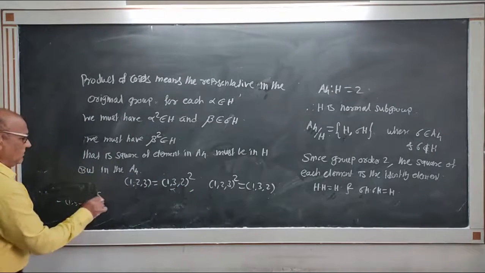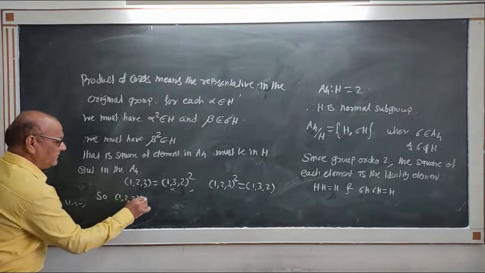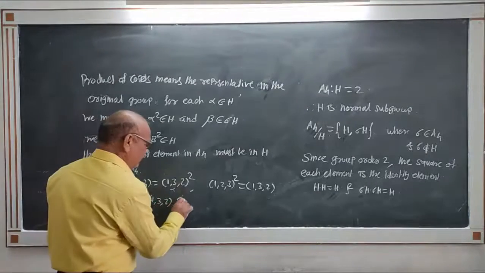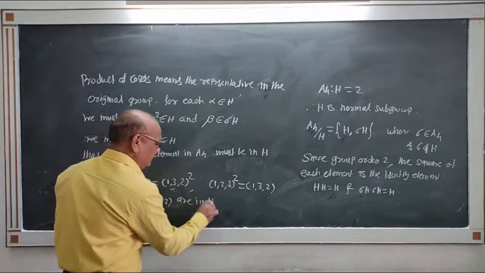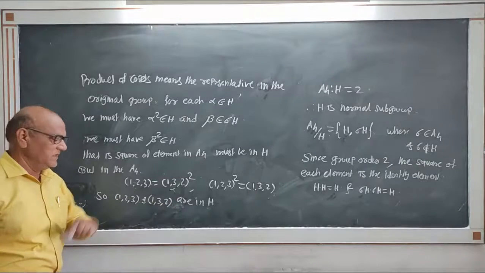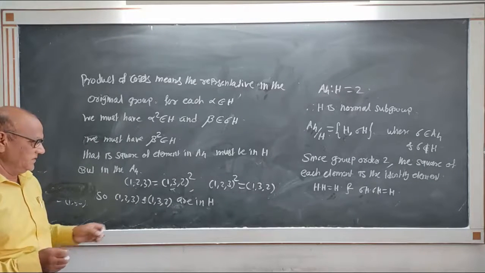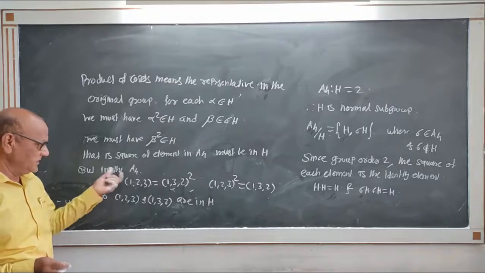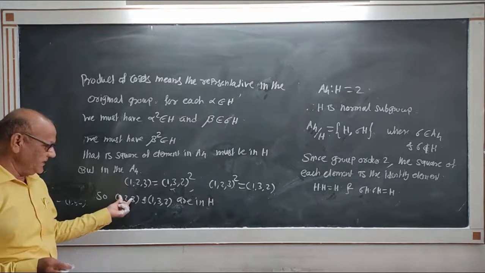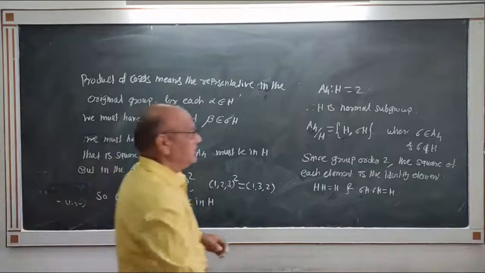That means 1, 2, 3 and 1, 3, 2 are in H. These two elements are in H, because if we take this element, its square is again in H. So this element belongs to H.